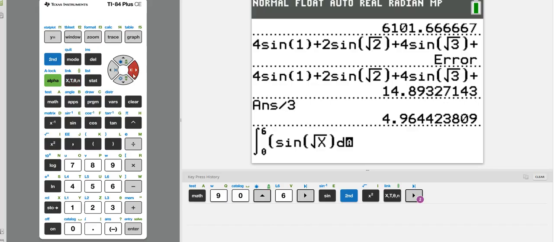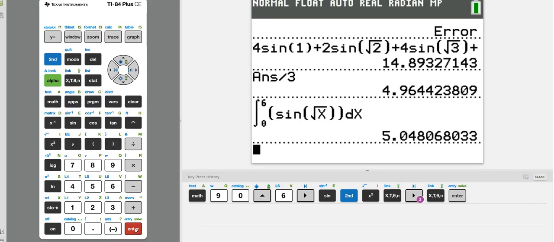I think it was 5 something. Just over 5. So yeah, that seems a lot closer than what we got with Simpson's rule, or with trapezoid rule, I should say. So the total was 14.893 divided by 3 turns into approximately 4.964, which is pretty close.